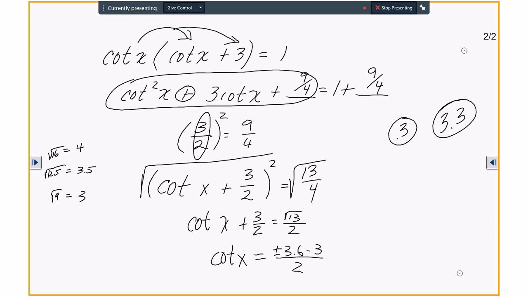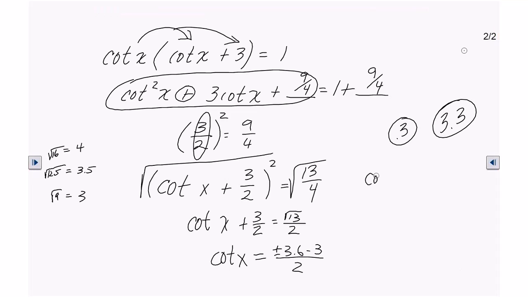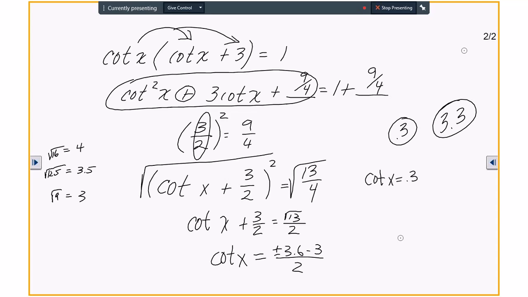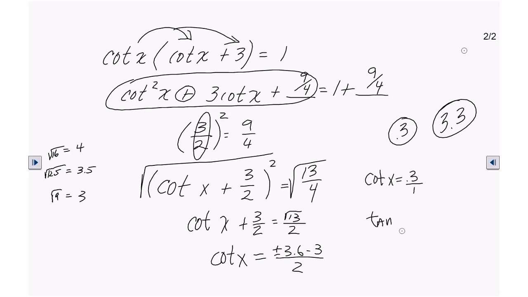So we got the cotangent of x is equal to 0.3. So somebody, let's go ahead and finish it. The cotangent of x is equal to 0.3. Somebody take, let's see, what is 0.3? That's 0.3 over 1. So the tangent of x is equal to what? 1 over 0.3.